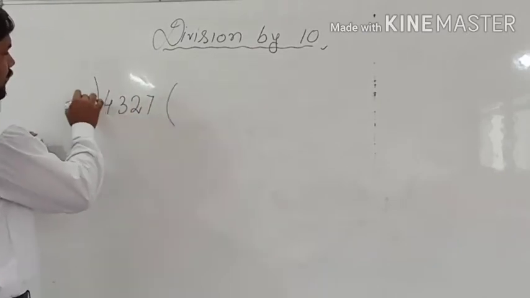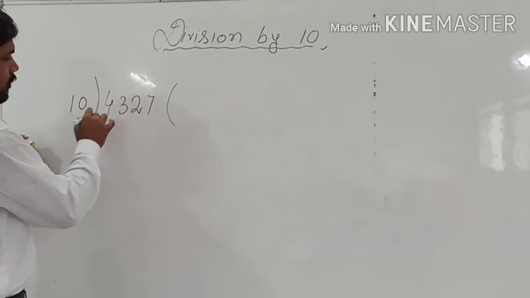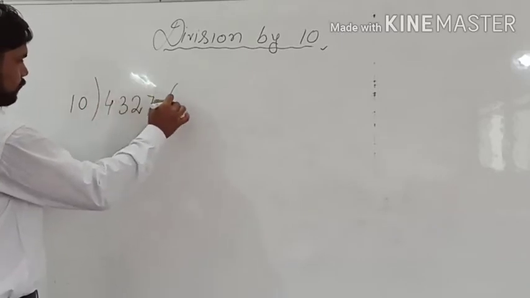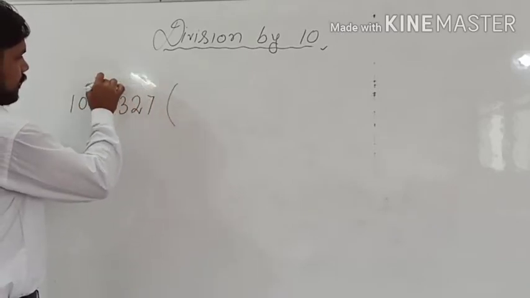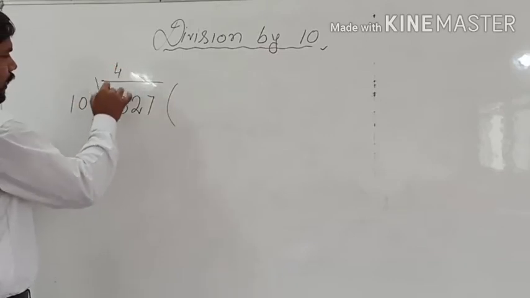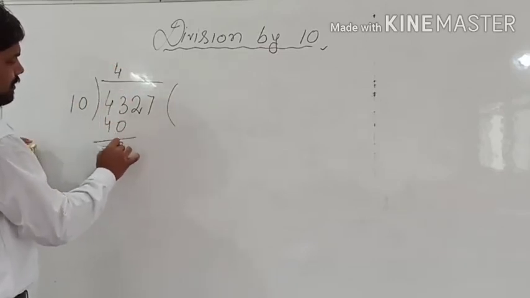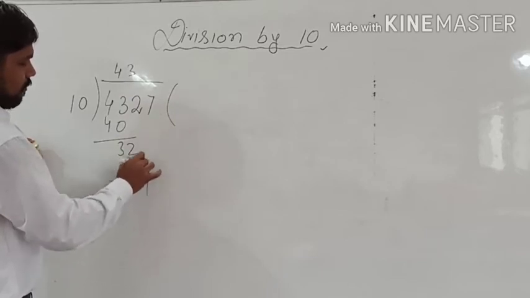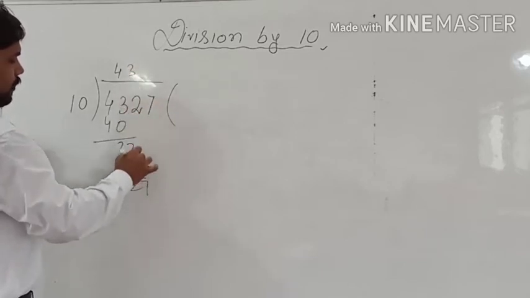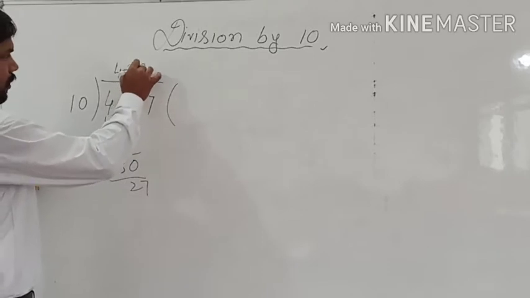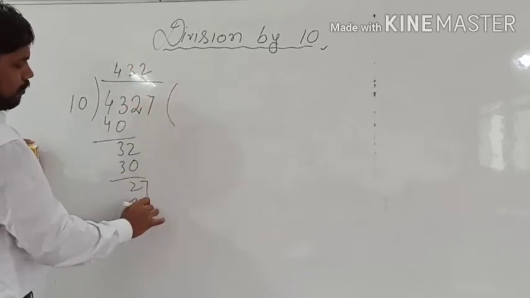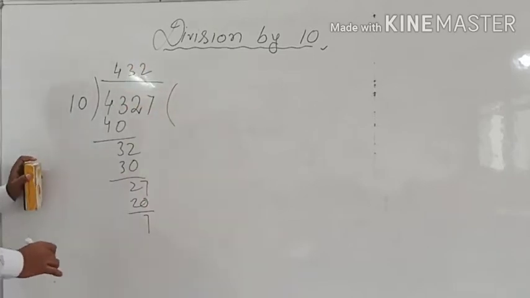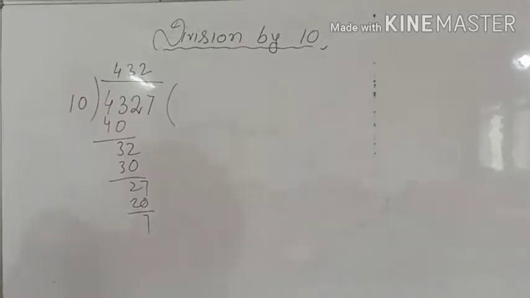If you divide this by 10, so 10 4 times is 40, 3 2 10 3 times is 30, 2 7, so 10 2 times is 20, 7. So here 7 is the remainder and 432 is the quotient.